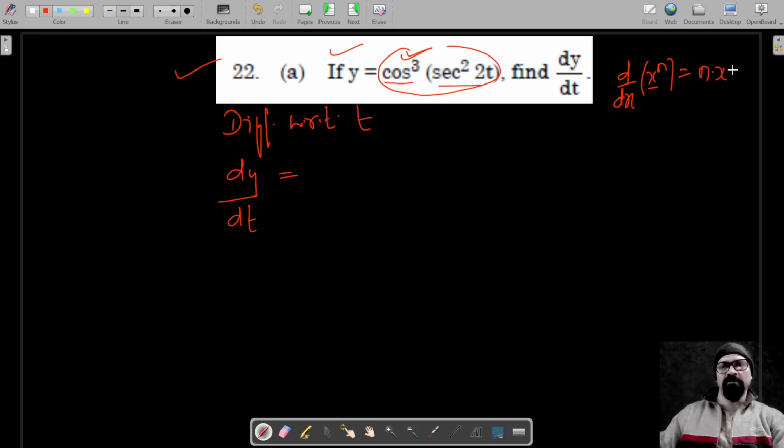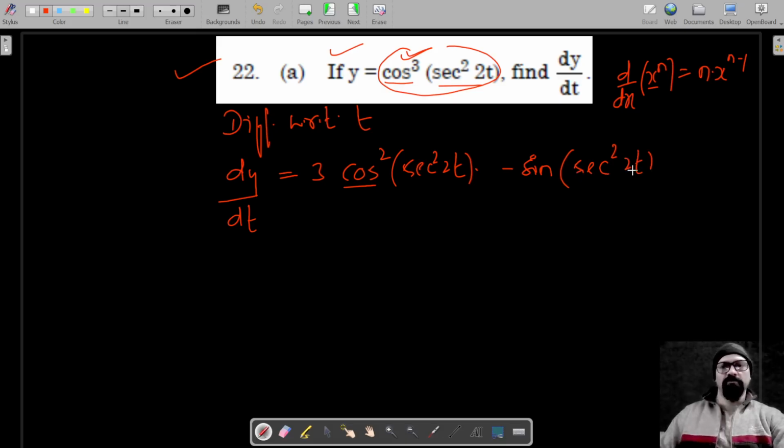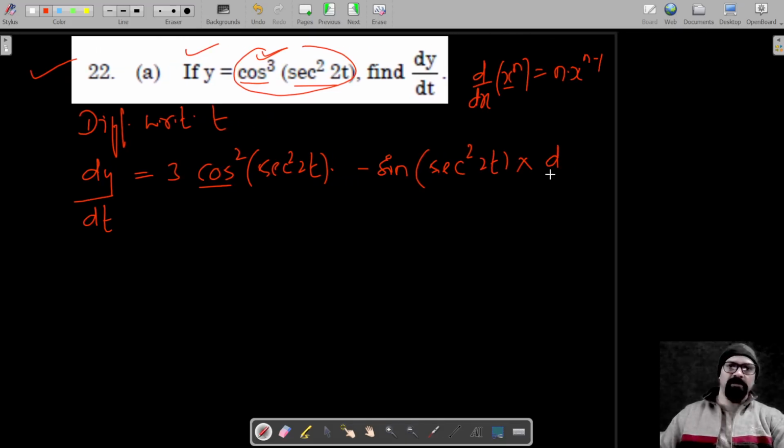So this is n into x raised power n minus 1. So n is 3, 3 into cos square raised power secant square 2t. Now the differentiation of cos is negative sine of secant square 2t, and now we have to differentiate secant square 2t with respect to t.